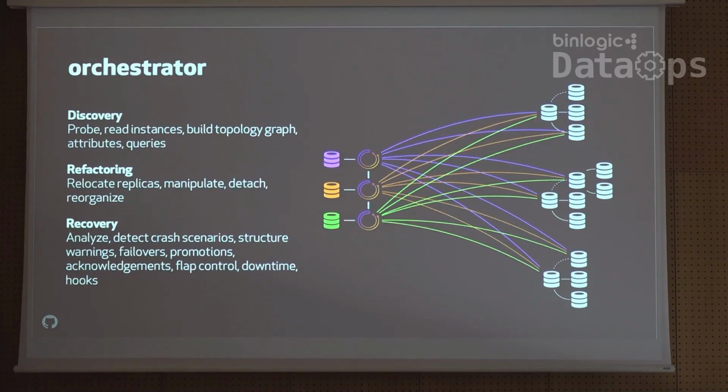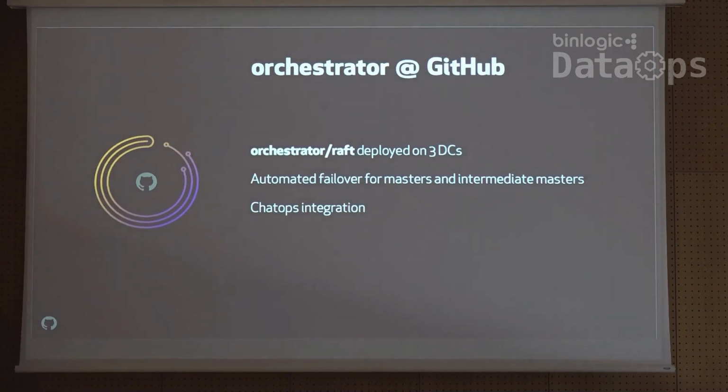So at GitHub, we run orchestrator. We run a variant of orchestrator called orchestrator on raft, which is a deployment setup, which I'll further describe shortly. We run automated failovers. Everything is automated.